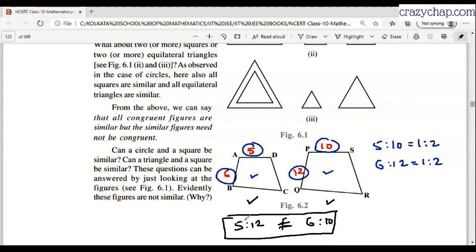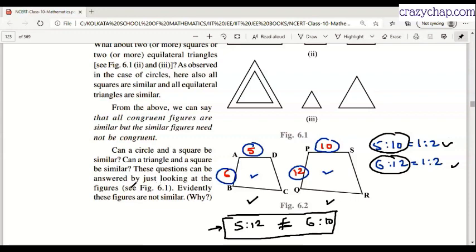When I selected 5 and 12 and 6 and 10, I find that these two ratios are not equal. But when I selected 5, 10 and 6, 12, I found that these two ratios are equal. So you will have to select all combinations to check whether they are similar or not, because you have to check whether their ratios are the same. So yes, they are similar figures.